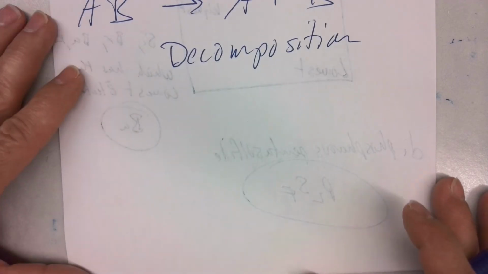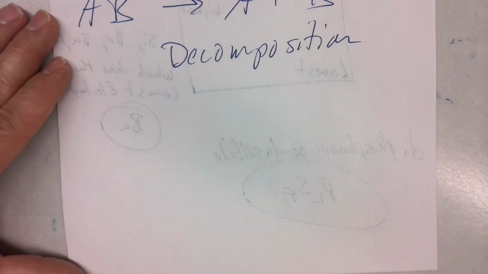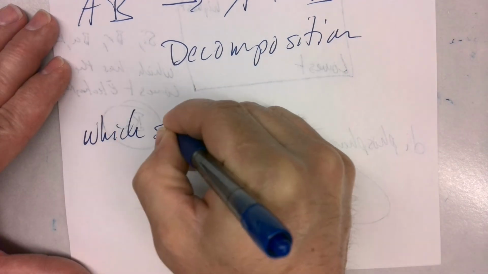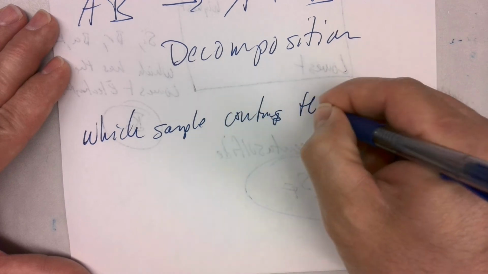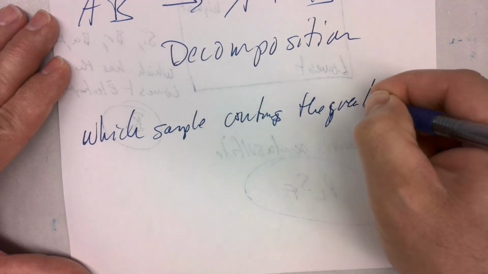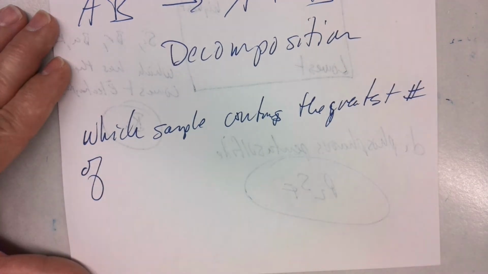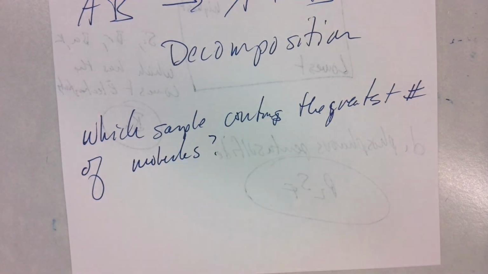Now, there is a question on the test that I know like 80% of you missed. It's something like this. It says, which sample contains the greatest number of molecules?